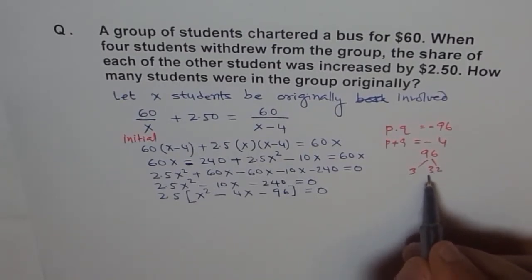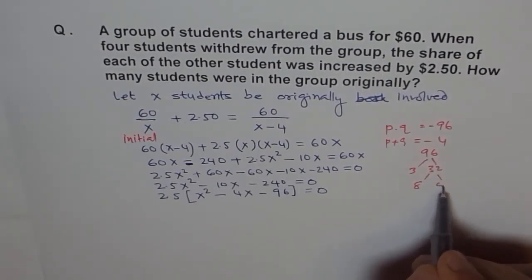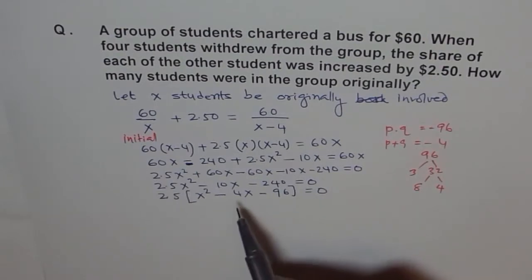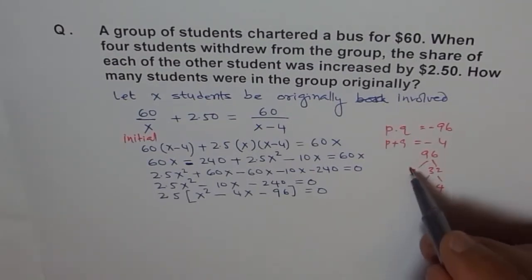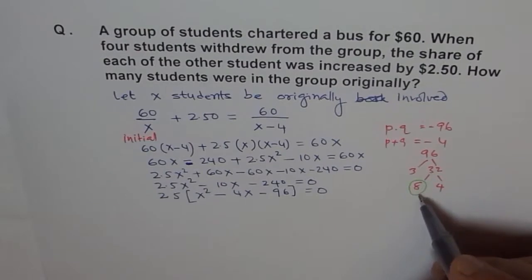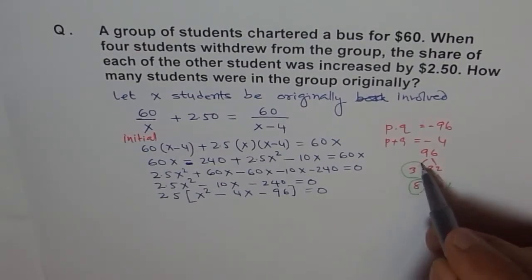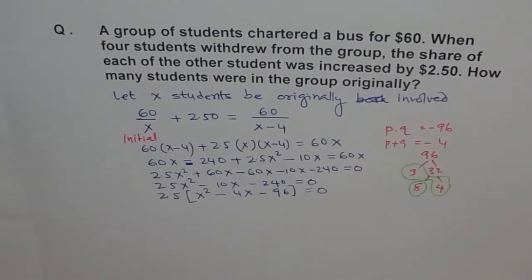And then you can factor 32 and you get 8 times 4. Now we need a difference of 4. So a difference of 4 is 4 times 3 is 12. Yeah, we got it. So we'll take 8 separately and we will use 3 and 4. So we got our numbers, which are 12 and 8.